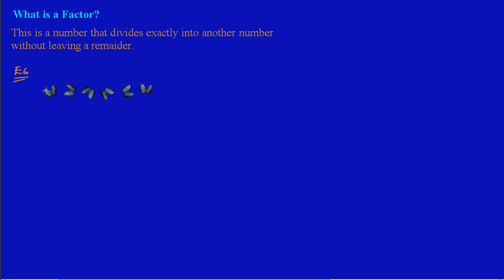Let's count with me. I have 1, 2, so I'm going to group these in sets of 2. That's 1 set of 2's. Here's another 1, 2, that's 2 sets of 2's, and another 1, 2, so I got 3 sets of 2's.